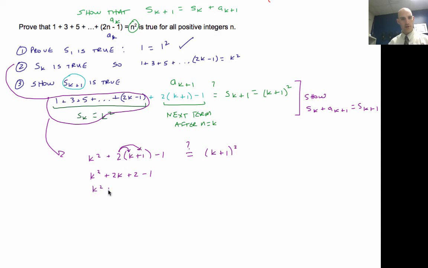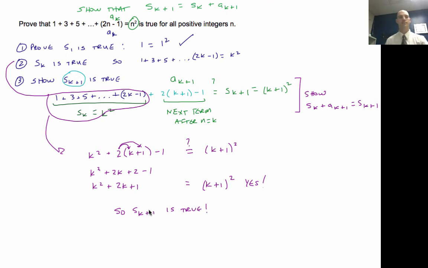So this would be k squared plus 2k plus 1. Is that equal to k plus 1 squared? Yes. Okay, I showed that it's true with a little bit of algebra. All I'm adding is what I already had plus my next term, and that is equal to my general formula. So S sub k plus 1 is true.